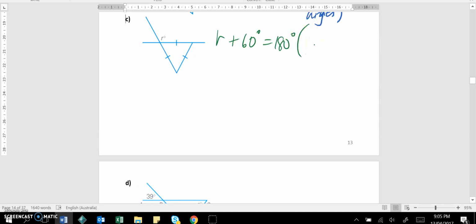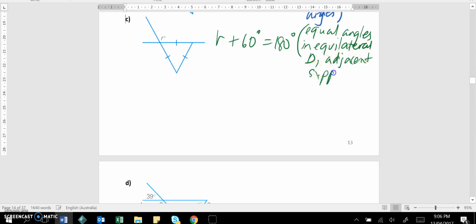So in my brackets I'm going to say firstly equal angles in an equilateral triangle. And I also will need to say, because I've let it add to 180, they are adjacent supplementary angles.